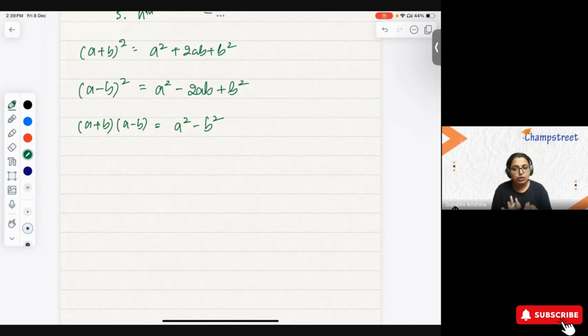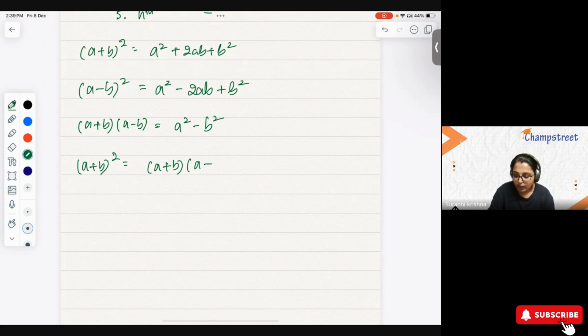So how is it? We know how to do the binomial multiplication, right? So a plus b whole square is nothing but a plus b into a plus b, right? I'm going to split the first binomial and multiply each term of the first binomial to the second binomial, okay?